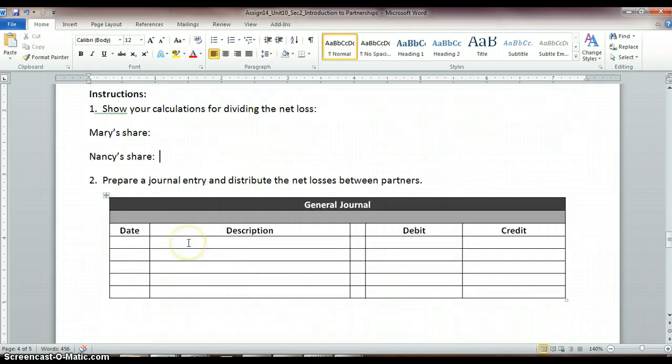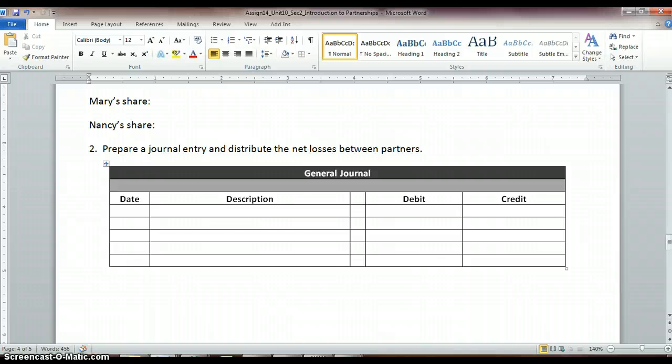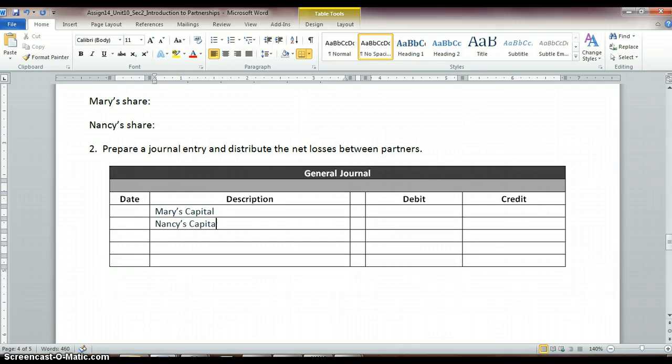And then when we are posting journal entries, we'll be working with Mary's capital and Nancy's capital. In a partnership, each partner has their own capital account, so we're going to be deducting from each of those.